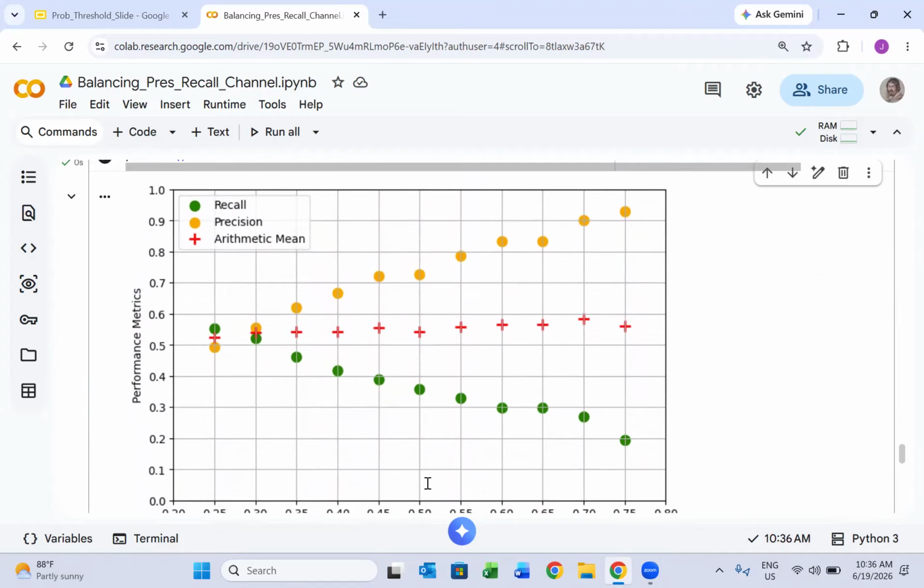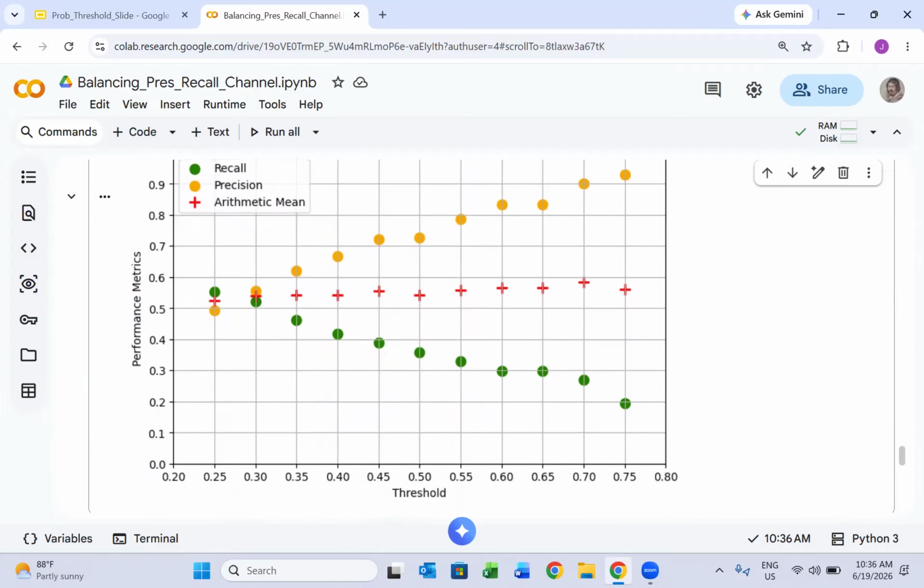The arithmetic mean is actually a very bad metric for selecting a good threshold. Why am I saying that? Notice that the highest mean happens right there, for threshold 0.7. So according to the arithmetic mean, the best threshold is 0.7.